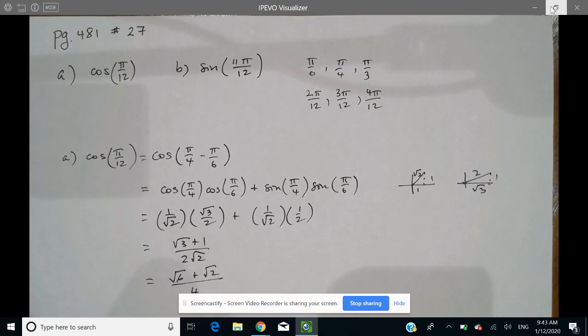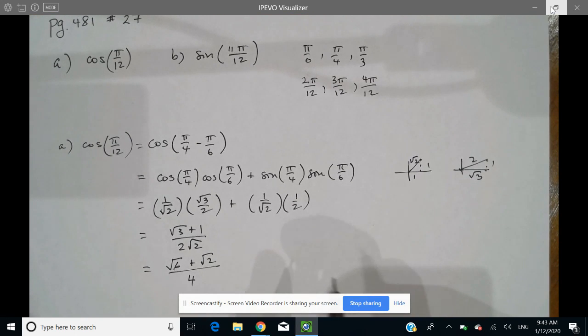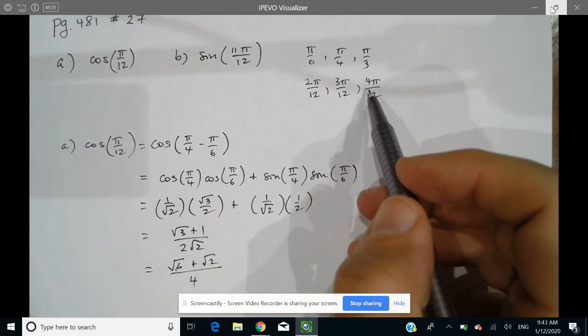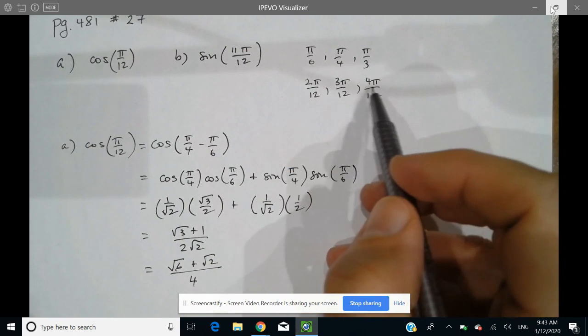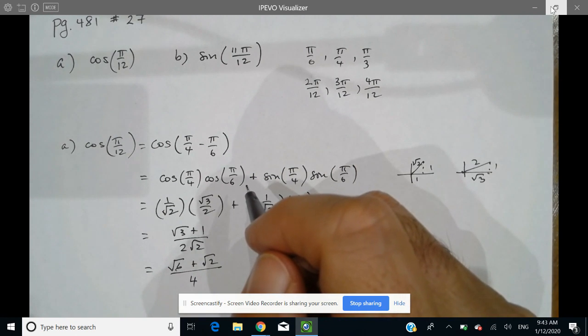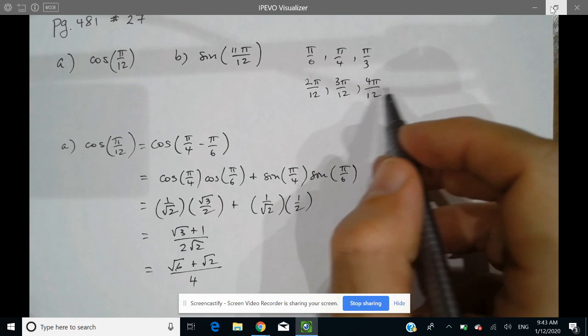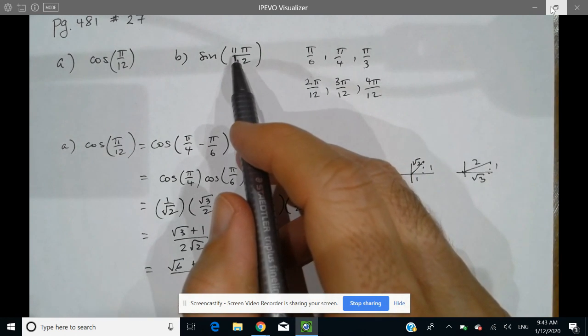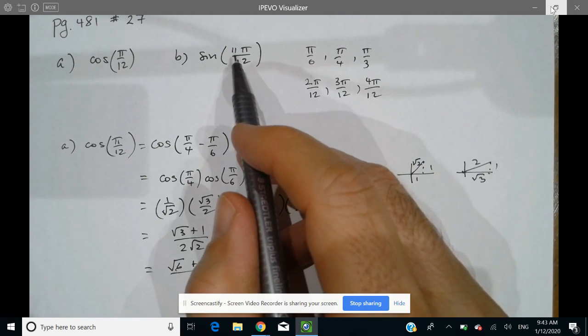All right, now we can do the same thing with 11 pi over 12. Clearly though, no combination of these will work. So you can either keep writing special angles as fractions over 12, or you can think here 11 is 9 pi over 12 plus 2 pi over 12.